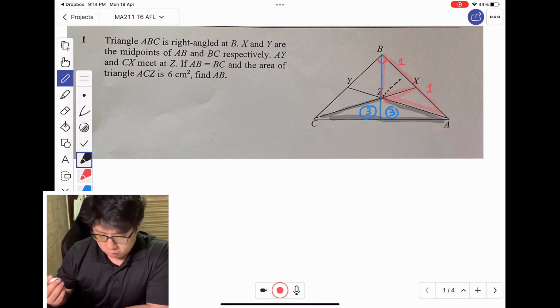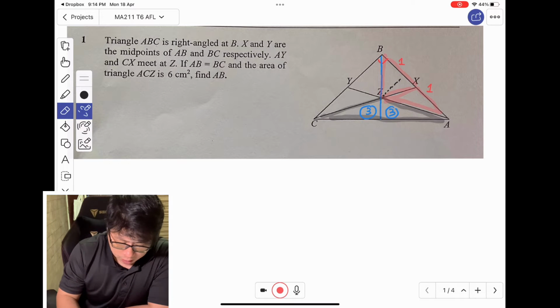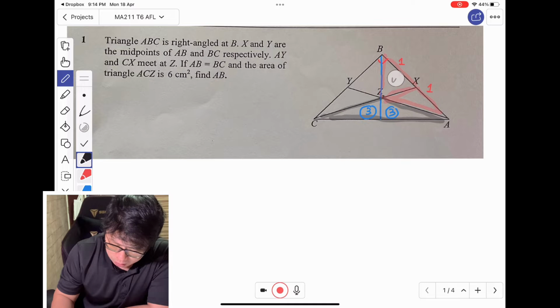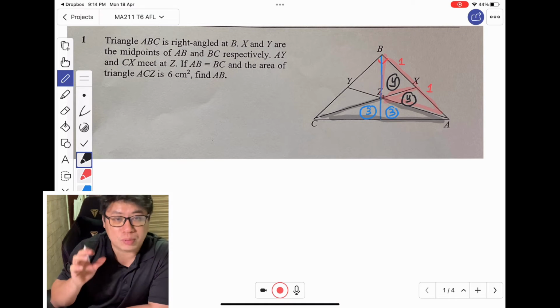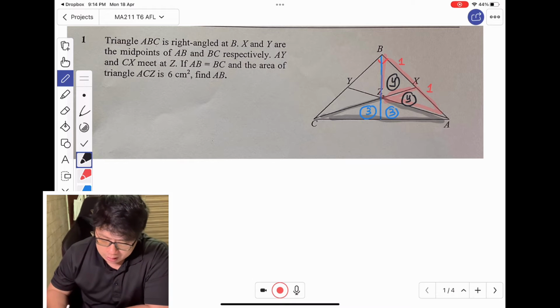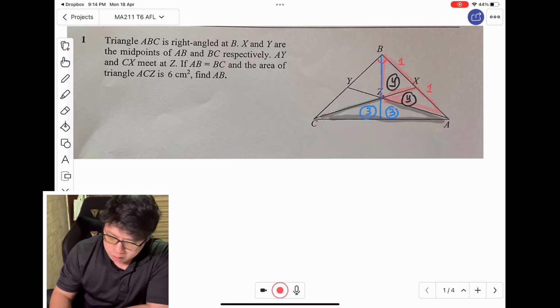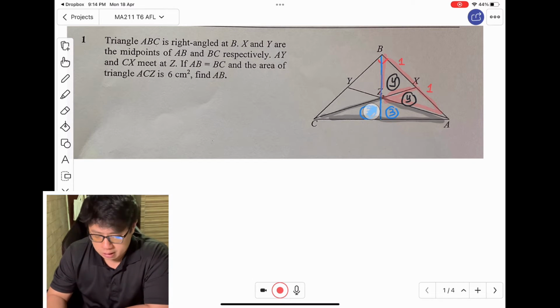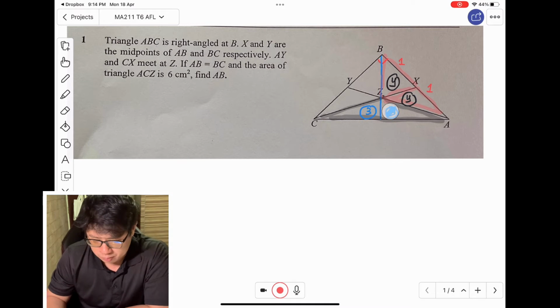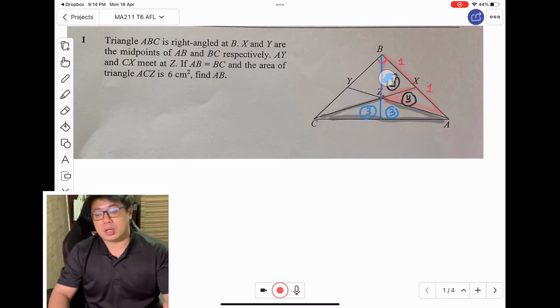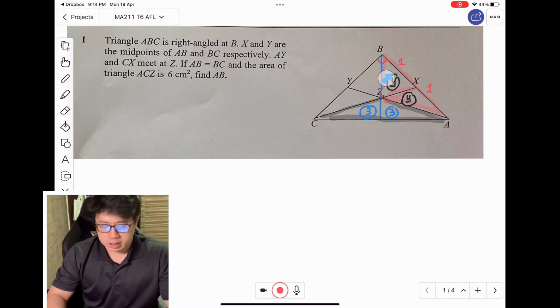So I'm going to call the area here perhaps Y. This red triangle BZX will be Y units, and this will also be Y. I put a circle so you know that I'm talking about area. So this half of the triangle is 2Y plus 3. It's supposed to be equal to the left hand side as well, since we are talking about a right angle triangle, which is 90.